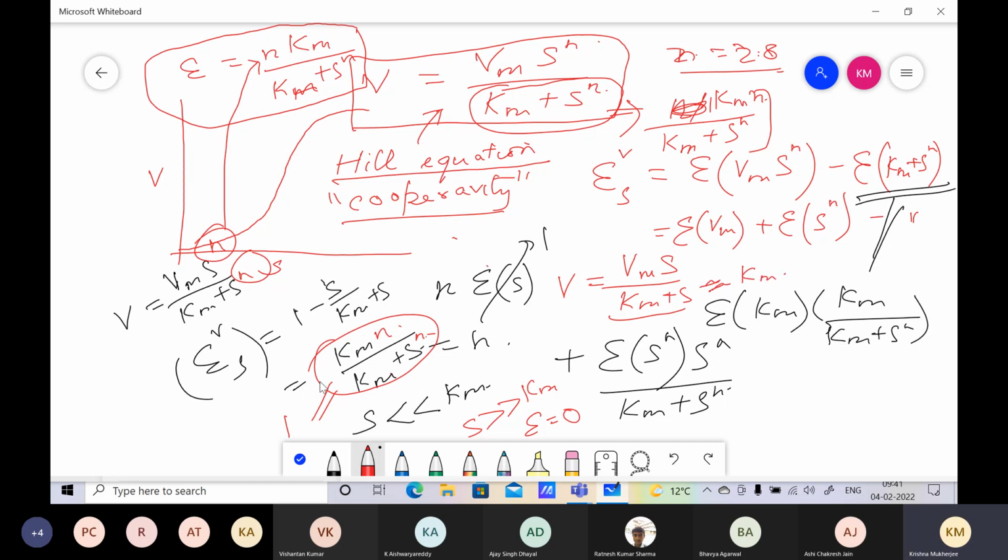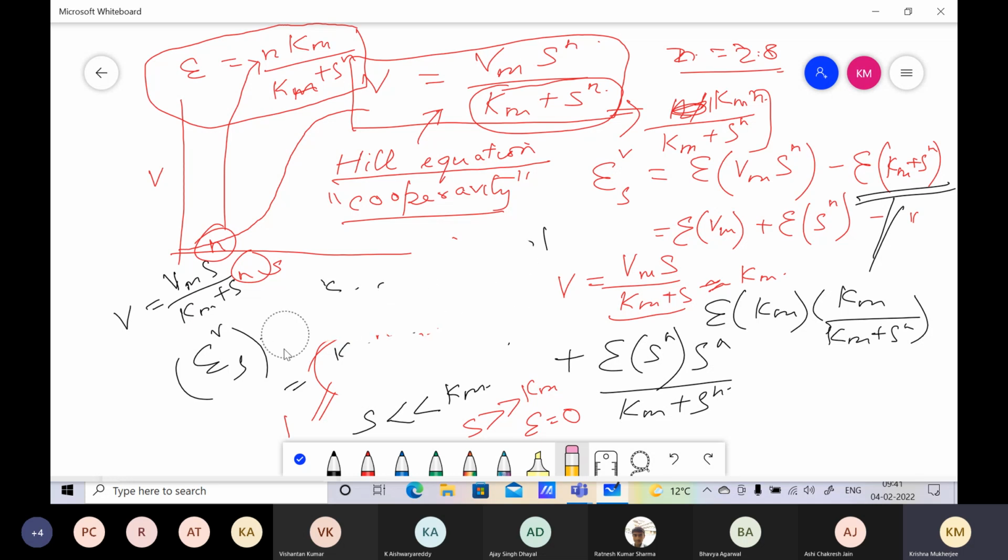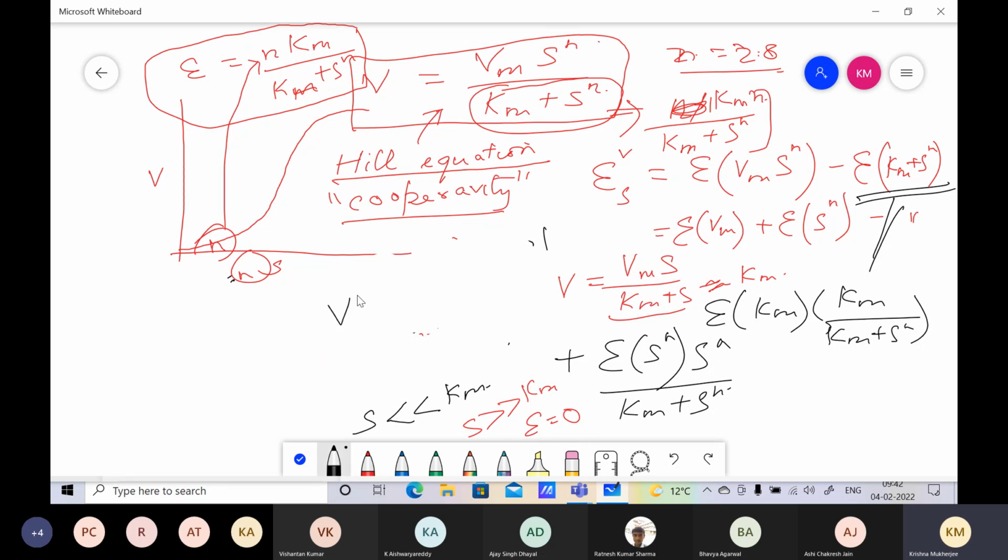And so usually we have first order reactions taking place inside the cell, inside the body. For all practical purposes, S values are not very large. Obviously, why will the body maintain high concentrations of substrate when it has an enzyme to digest it? So if S is small, as a first approximation, V is actually first order with the rate constant being Vmax upon Km.